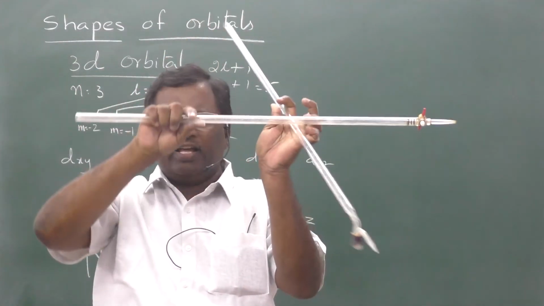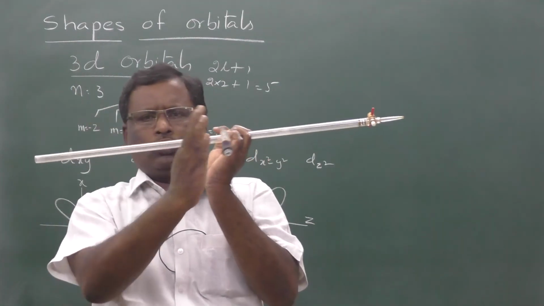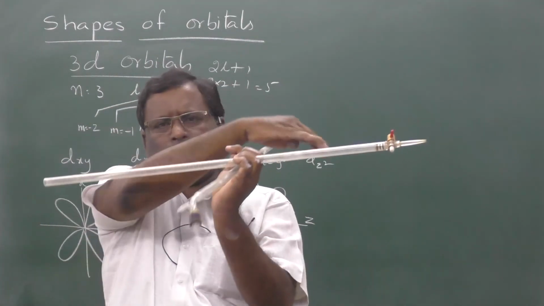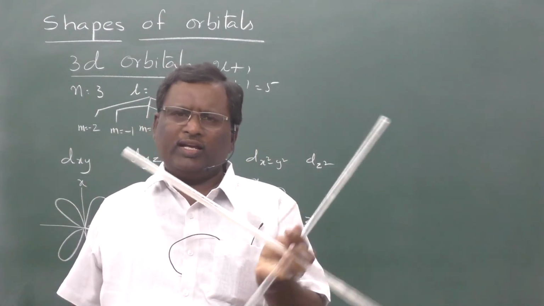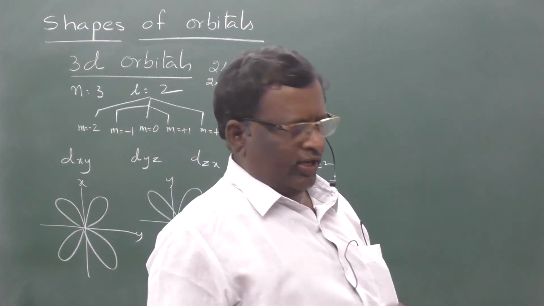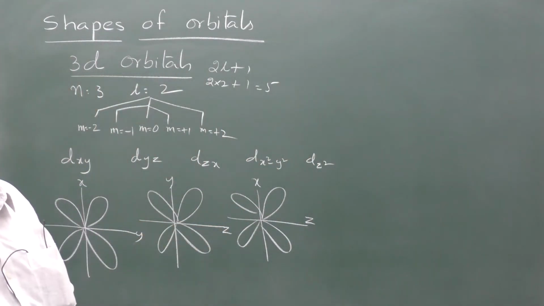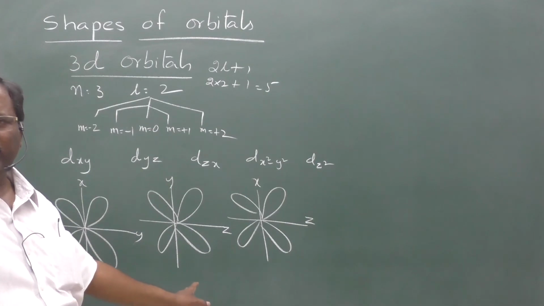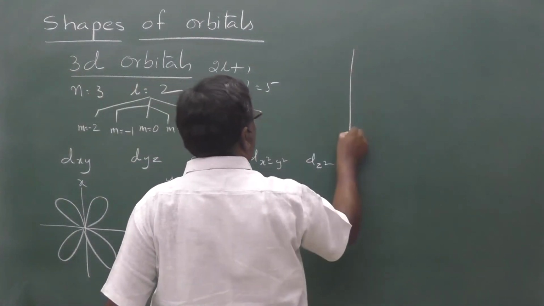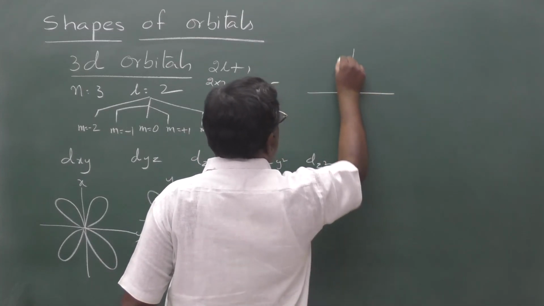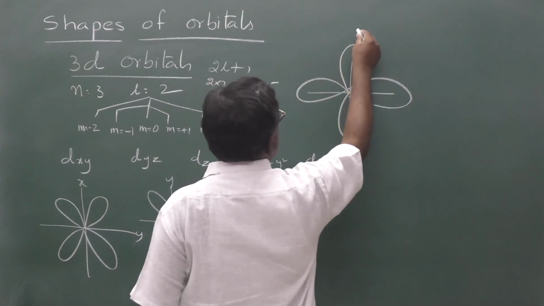Then dzx, if 4 lobes are present like this, 1, 2, 3 and 4, they are called dxz orbital. So the 4 lobes are oriented in between the axes, and based on that, they are called dxy, dyz, dzx.